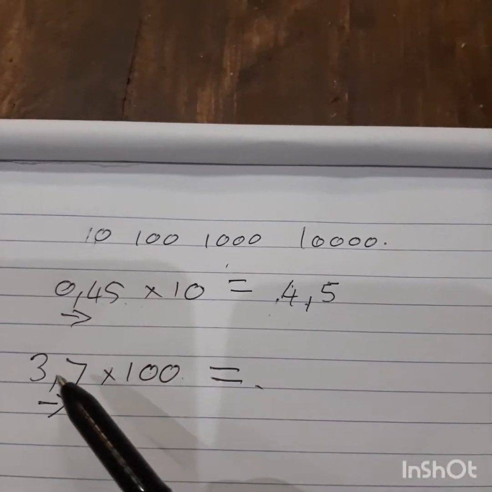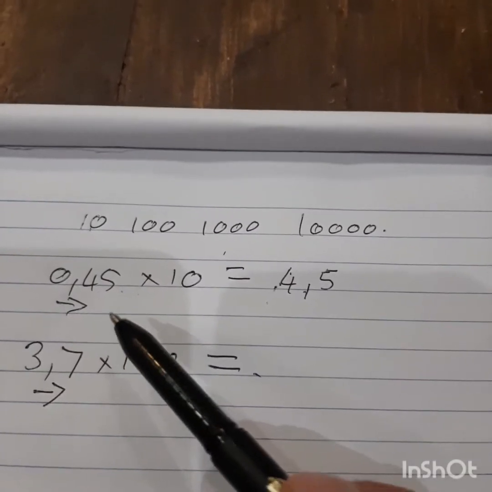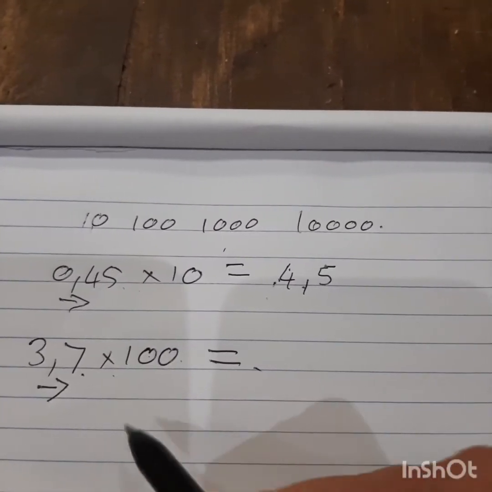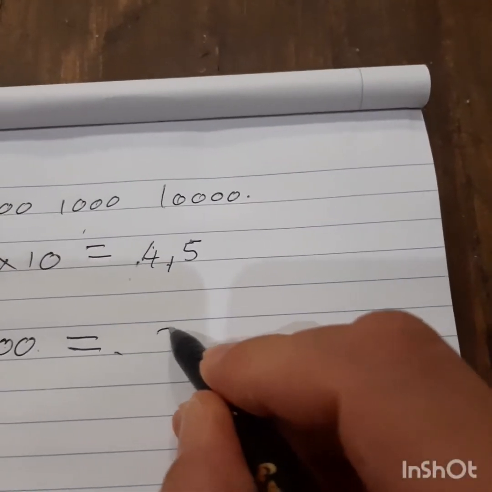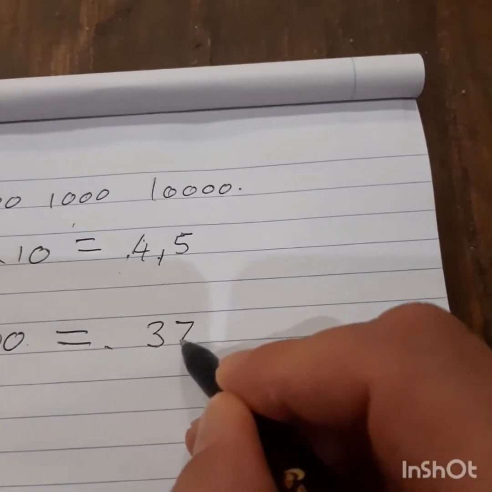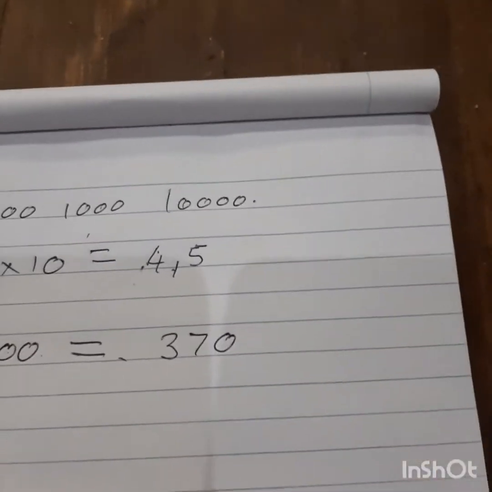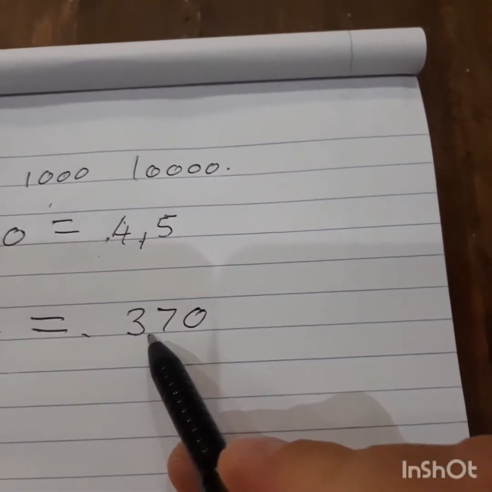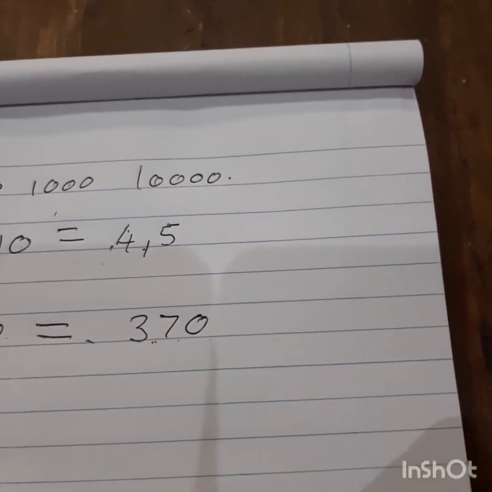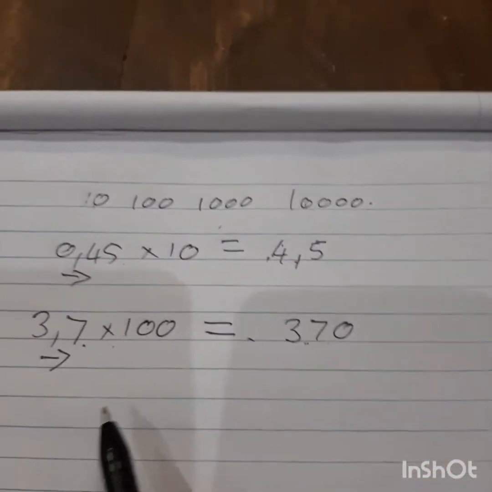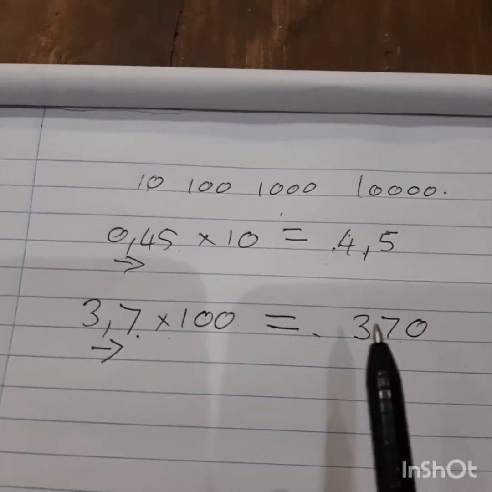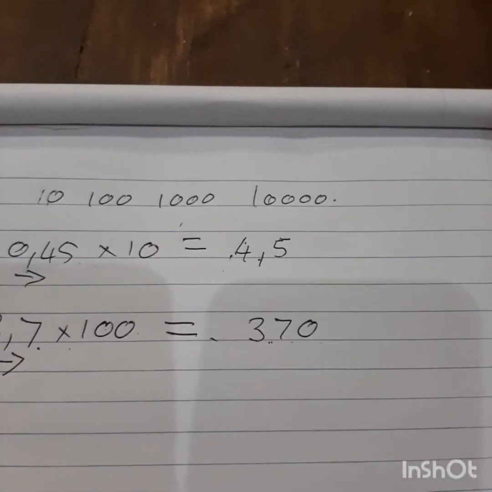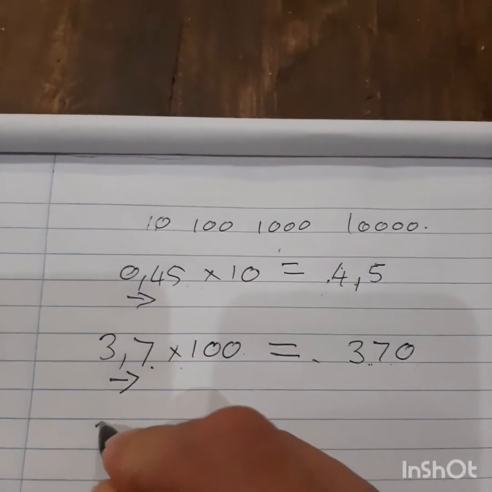But this time it's going to become 100 times. So the decimal is going to move two places. So the answer will be 370. The decimal has moved from there two places. 3.7 has become 100 times bigger. So it became 370.